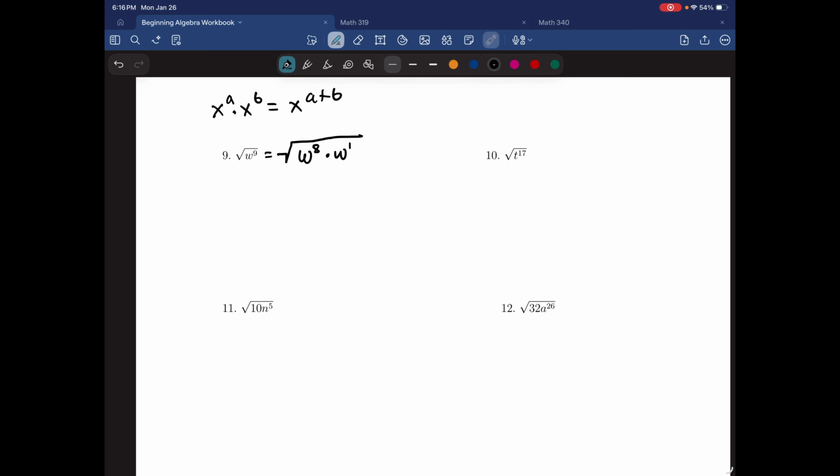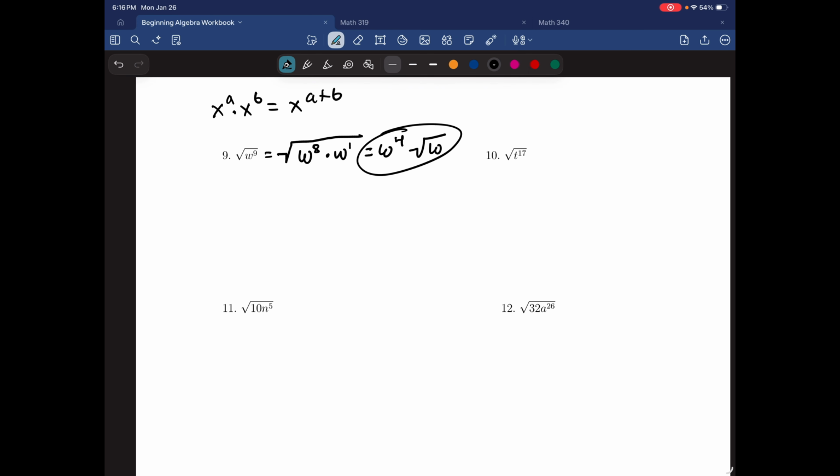Now that 8 is an even number, we're going to pull out as many squares as we can. What is 8 divided by 2? 8 divided by 2 is 4. So we're going to get w to the 4th power on the outside. And then because w on its own is just w, and there's nothing else we can do to simplify that, we're going to have the square root of w. And that's it.